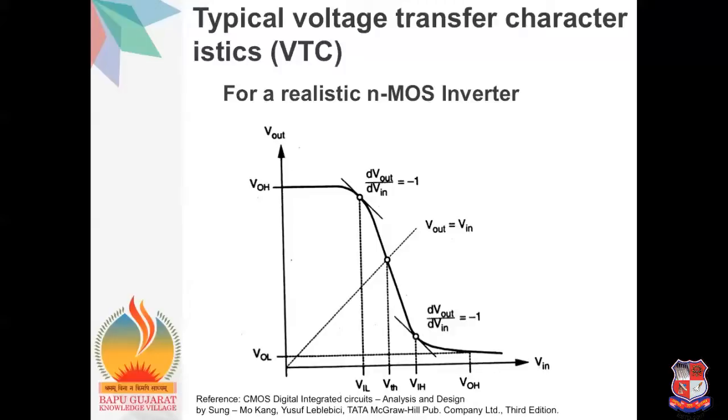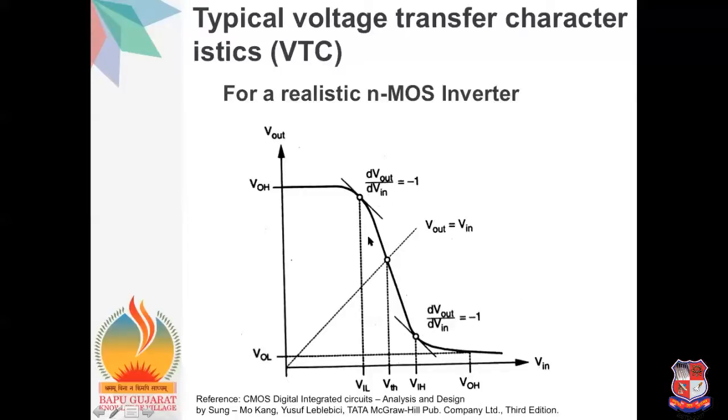Here the general shape of the voltage transfer characteristics is somewhat similar to the ideal characteristics, but due to the typical characteristics, it has some slope instead of a drastically abrupt reduction to the low output voltage. In that slope, we have two critical points.